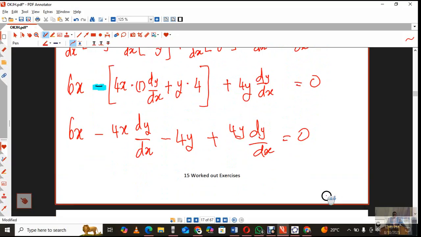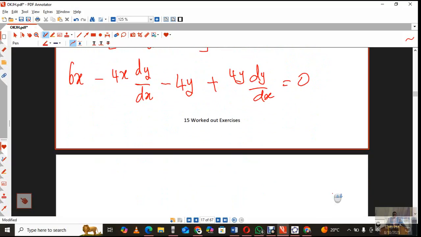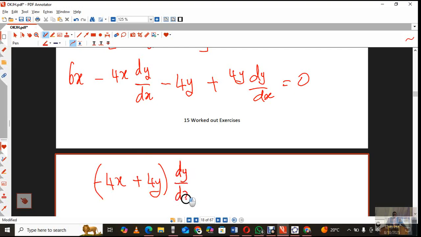So at the end of the day, I have negative 4x plus 4y. This one is with dy dx, and then I'm going to have minus 6x plus 4y on the other side of the equation.